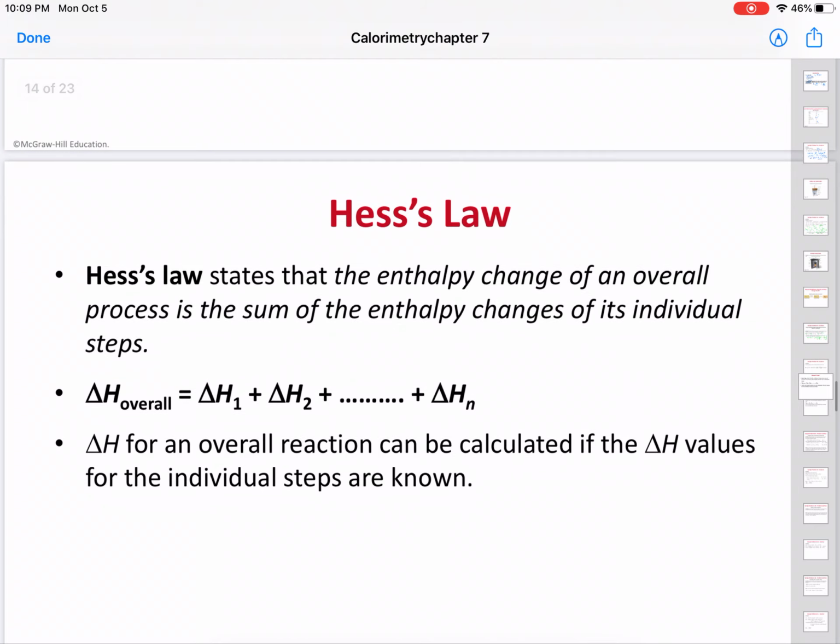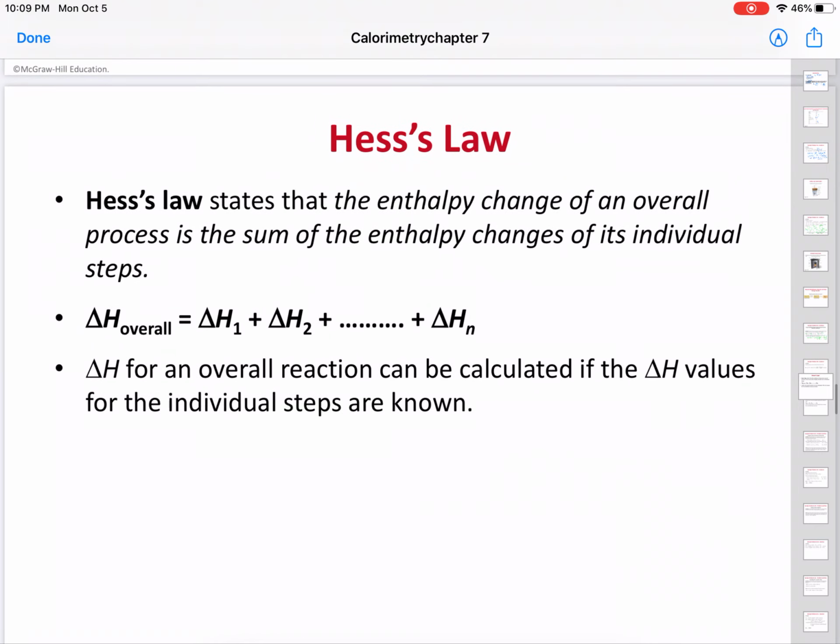So another concept that we are going to learn is called Hess's law. What does the Hess's law say? Hess's law states that the enthalpy change of an overall process is the sum of the enthalpy change of its individual steps. Let's say you have a reaction, but this reaction can be done with several small steps.